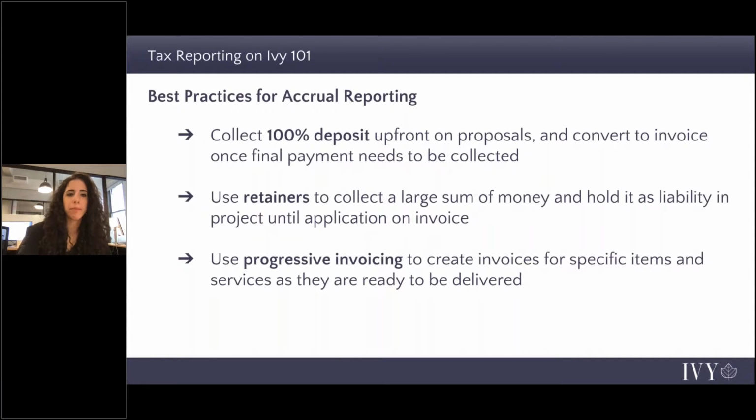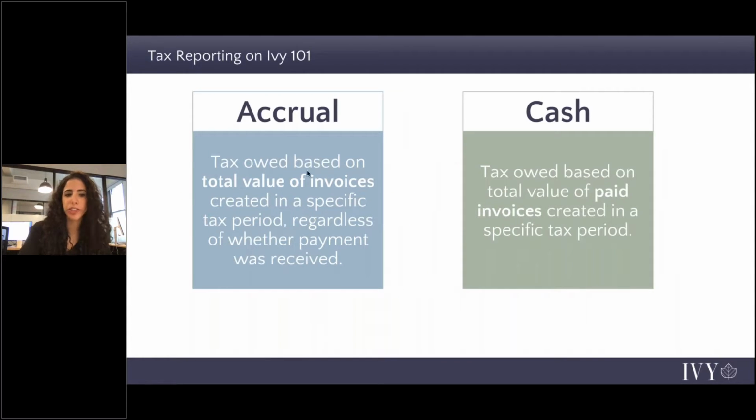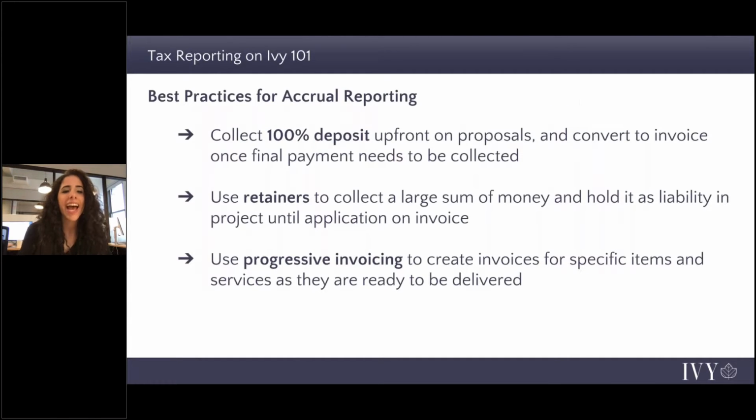So just to recap, we have accrual-based accounting structure. Taxes owed on the total value of invoices created in the specific tax period, regardless of whether payment was received. And we have the 3 best practices accordingly. Collect 100% deposit on proposals, convert to an invoice when you're ready, use retainers, and utilize progressive invoicing.